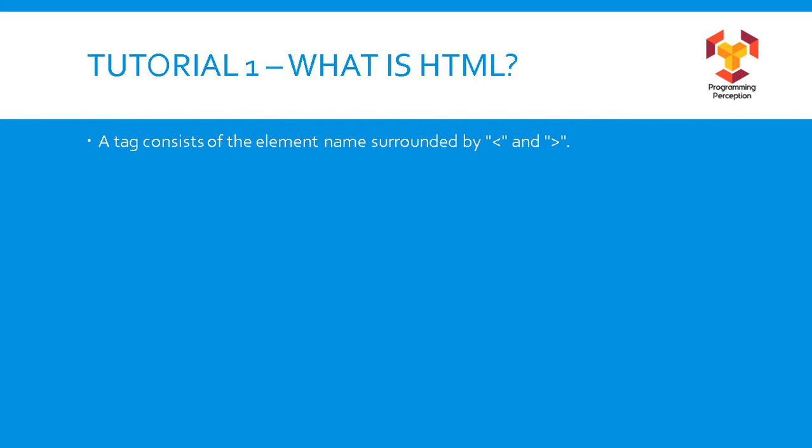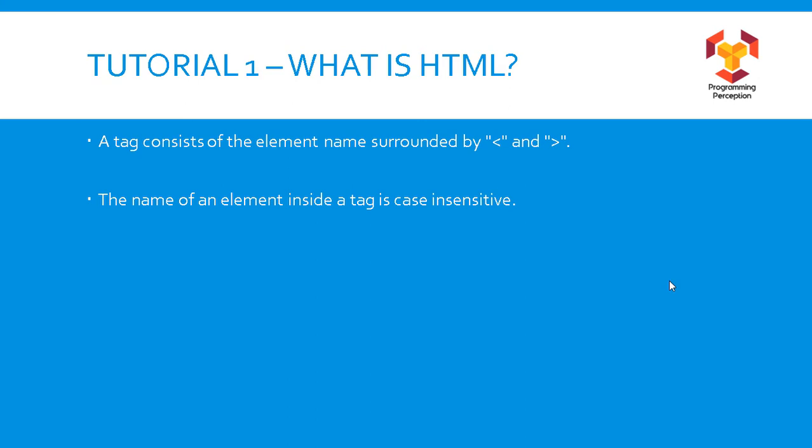A tag consists of the element name surrounded by angular brackets, the less than and greater than symbols. There are different types of tags available in HTML, and all those tags are written between these angular brackets. The name of an element inside a tag is case insensitive. I'm quoting this.